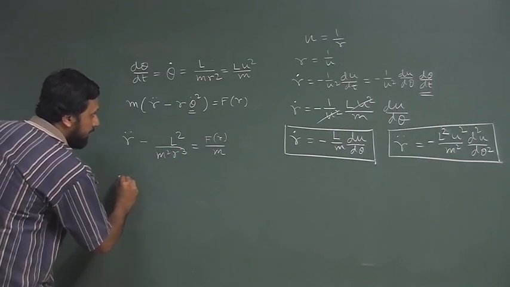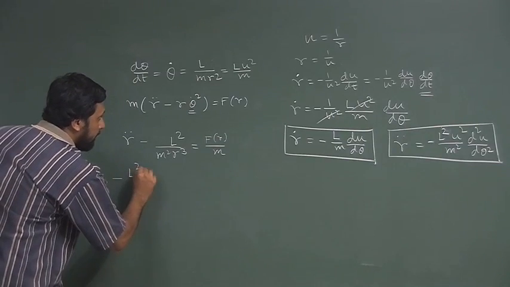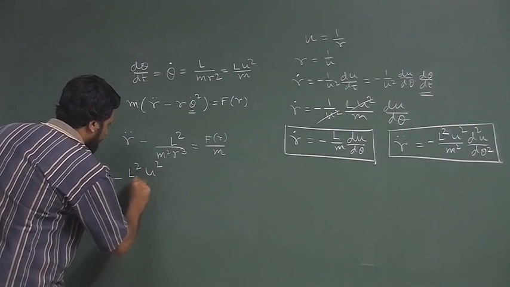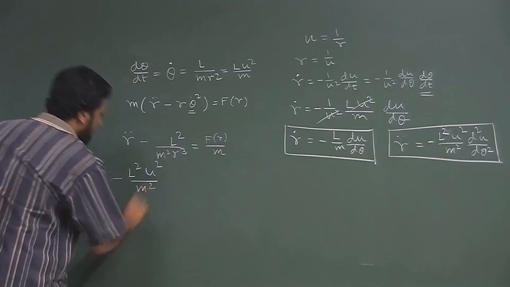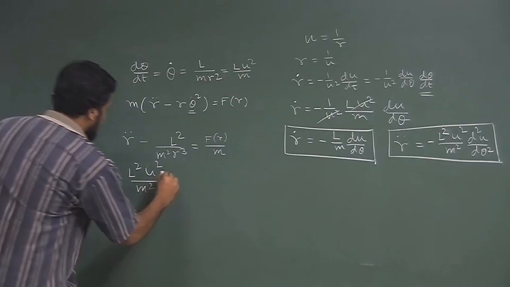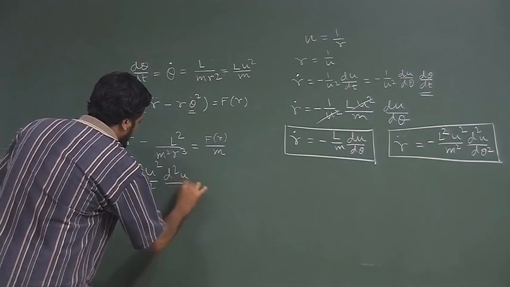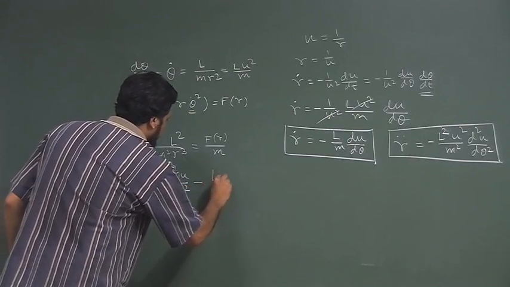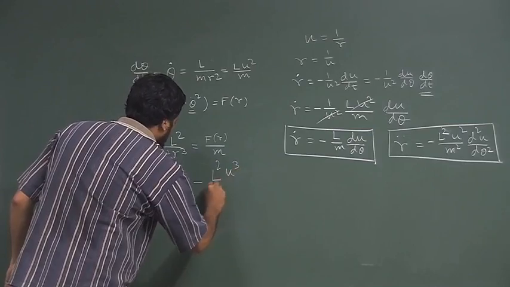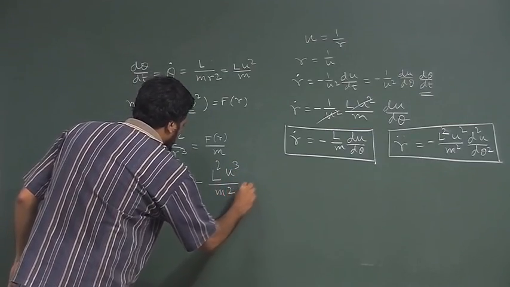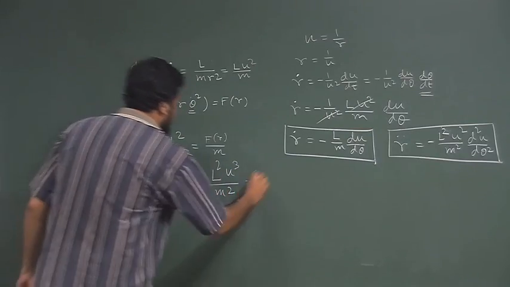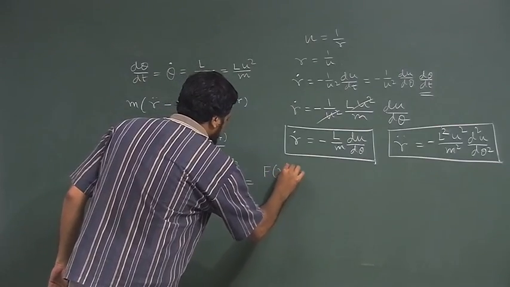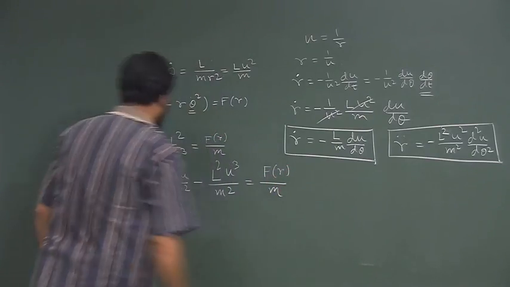So, this will be minus L square u square by m square d2u d theta 2 minus L square u cubed by m square equal to f r by m.